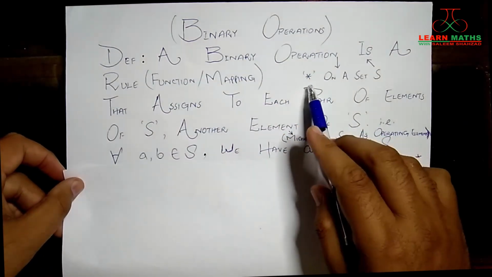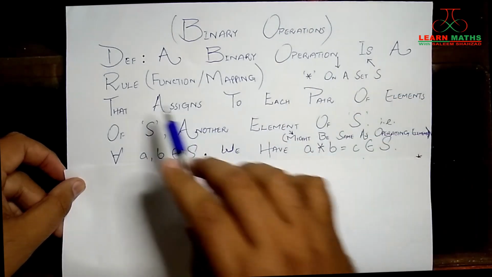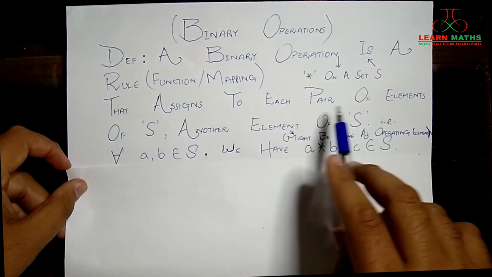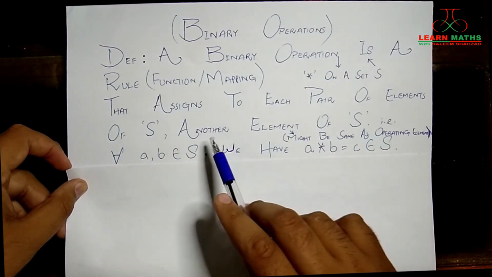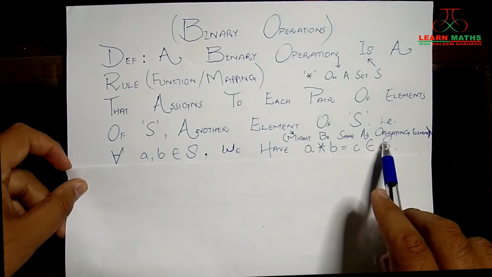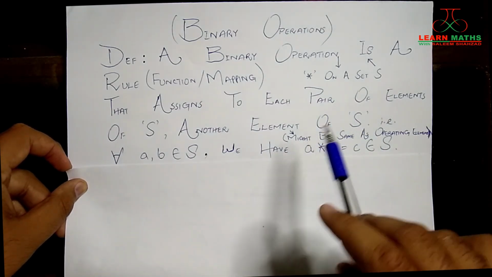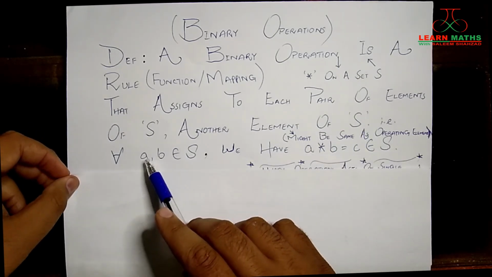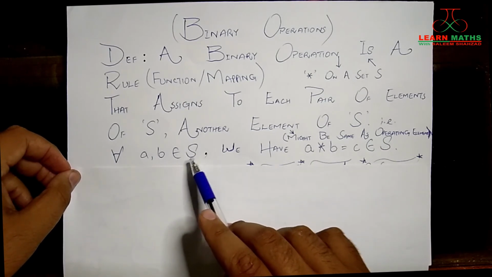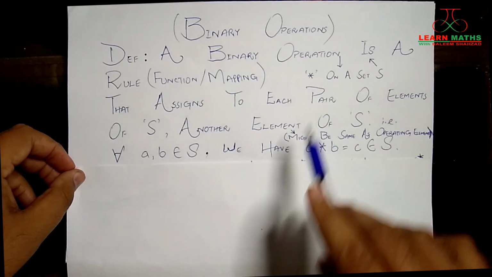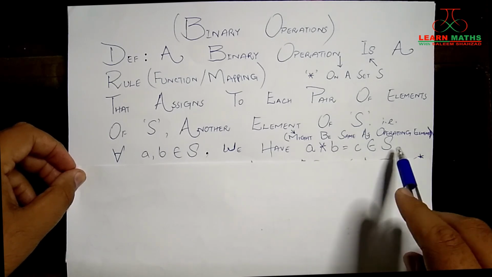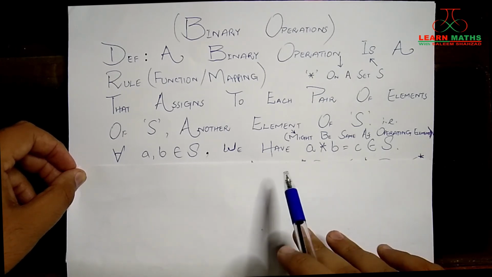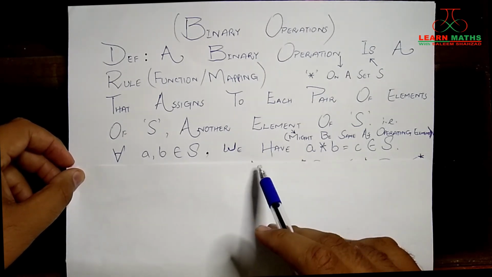A binary operation asterisk on a set S is a rule, or you can call it a function or mapping, that assigns to each pair of elements of S another element that might be the same as those two operating elements, or might be one of those two elements of S. That is, for all a, b belonging to S, for any two elements that you take from S, you perform the operation asterisk between them and you get another element of the same set S, which, as I have already mentioned, might be one of these two as well. Okay, so this is what we call a binary operation.